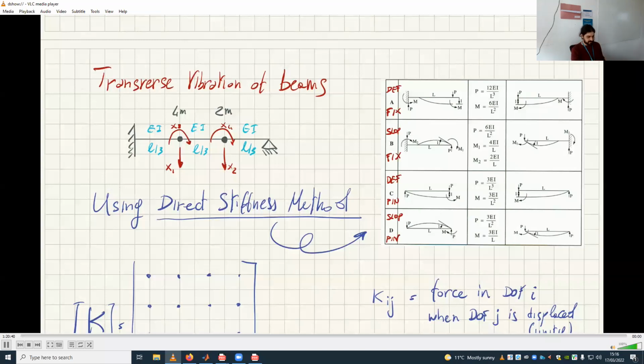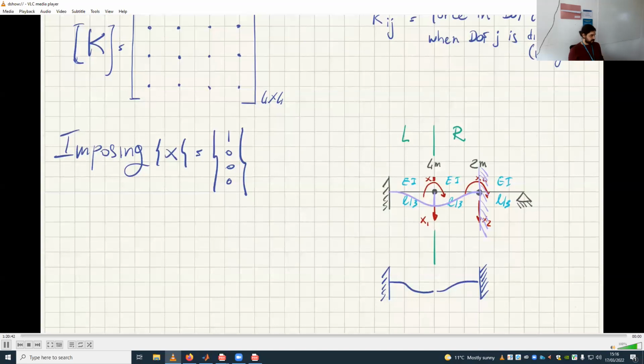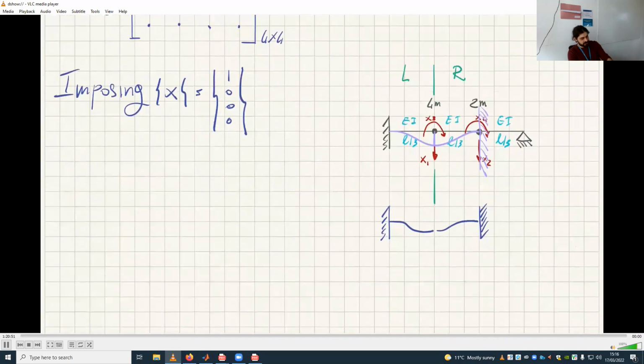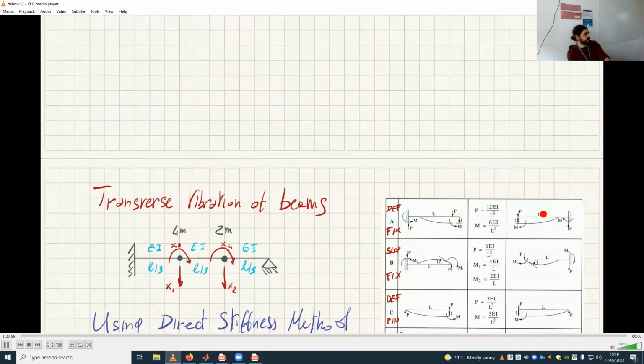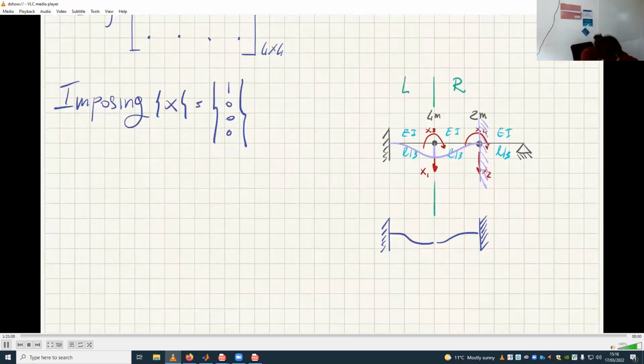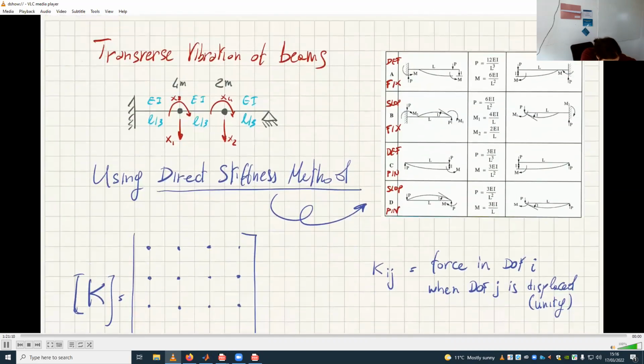Now, in this case, we have unit displacement and fixed support. And that means we are looking at A on the left, and we are also looking at A on the right. So it's A on the left, A on the right. So I can just copy all the forces that appear in A, forces and moments.